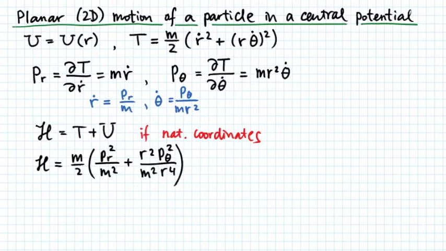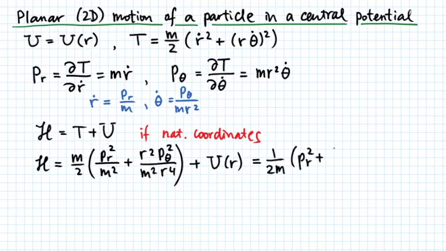So both components of the velocity squared and added together, plus U of r. Or after some rearranging, we simplify it to read 1 over 2m times p r squared plus p theta squared divided by r squared, plus U of r.